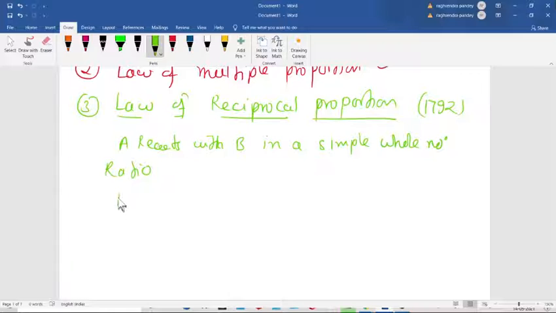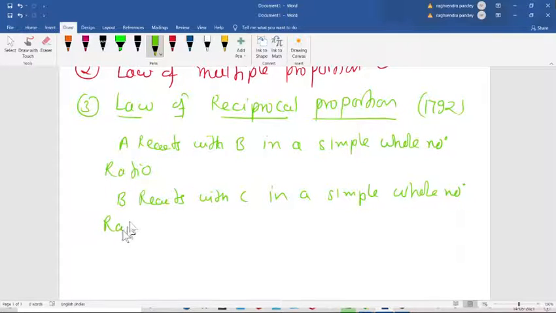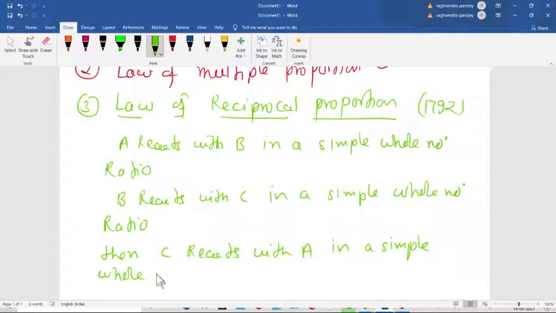B reacts with C in a simple whole number ratio. Then C reacts with A in a simple whole number ratio. This is the basic meaning of that law of reciprocal proportion.